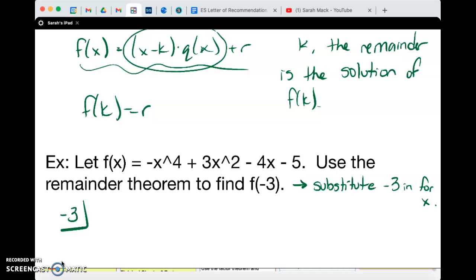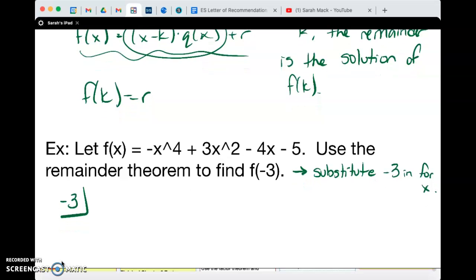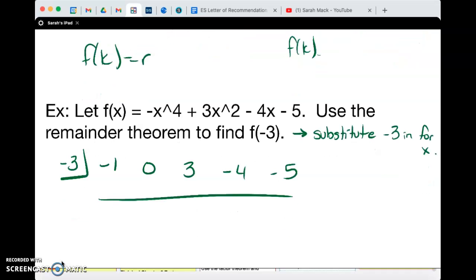So for my polynomial, what are all my coefficients? Negative 1, 0, 0, 3, negative 4, and then what do I do first? Drop. Okay, drop negative 1.